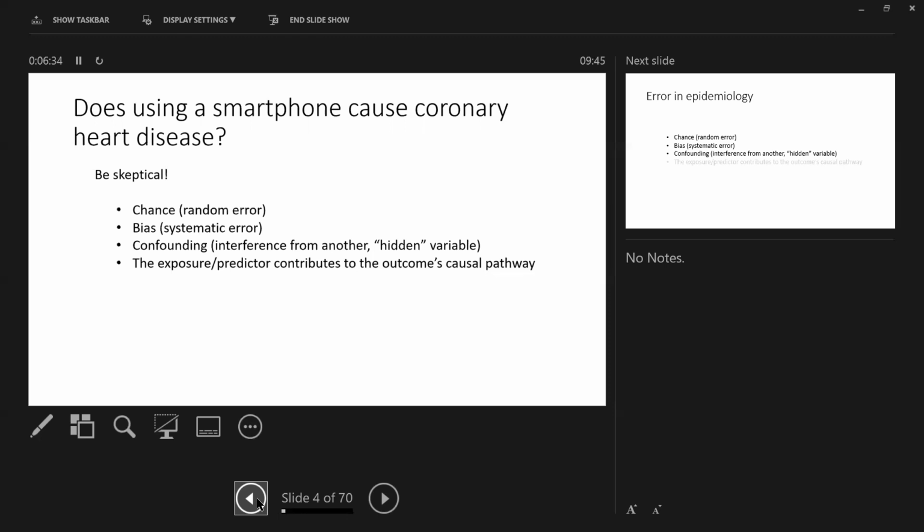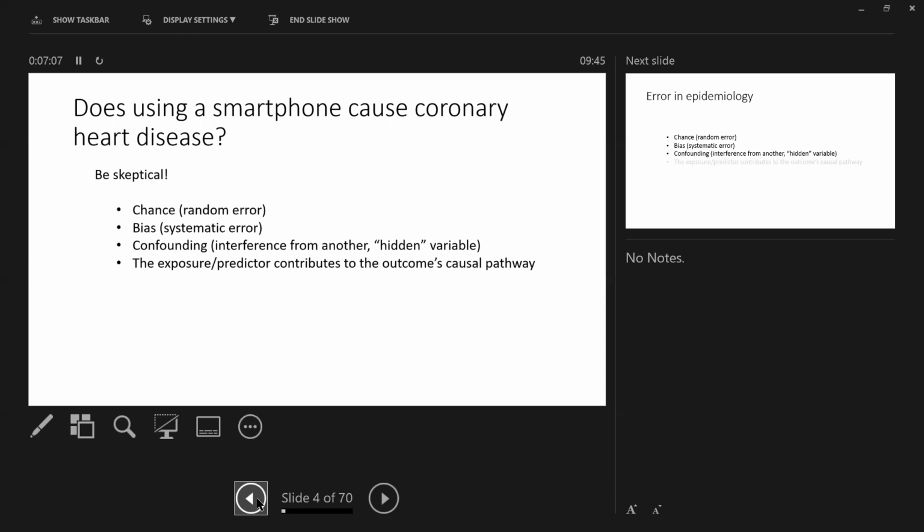There might be a reason that some people use smartphones, it might be related to diet, sports, period of exposure, maybe the first group have been exposed for longer times. Absolutely. It's a very small study. There are many potential confounding factors. We don't know how we recruited the people. We don't know how we measured the exposure and the outcome.